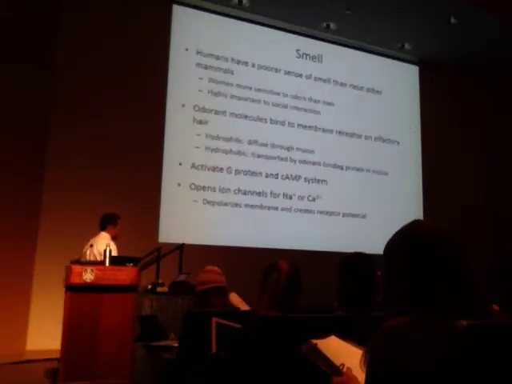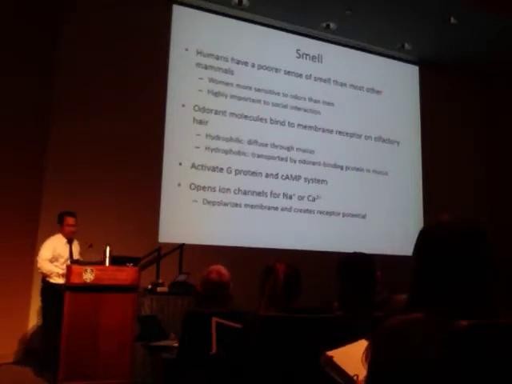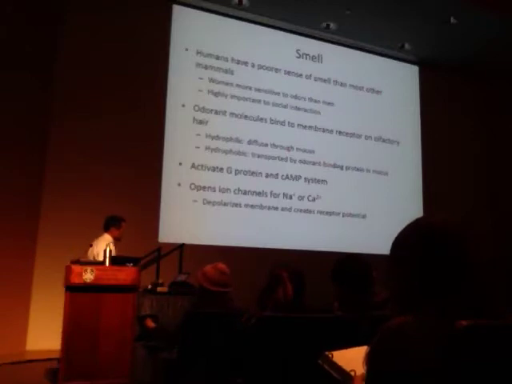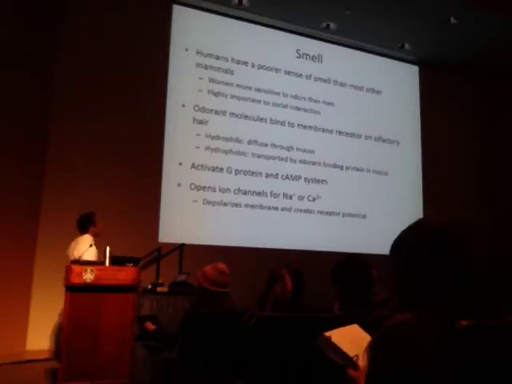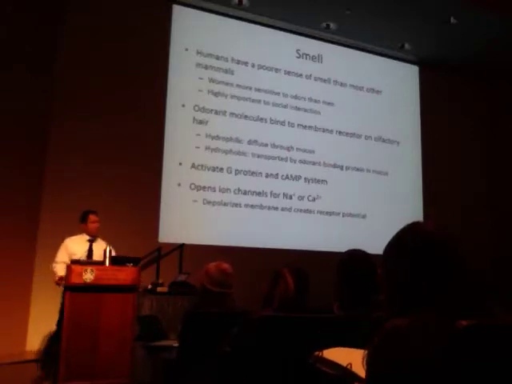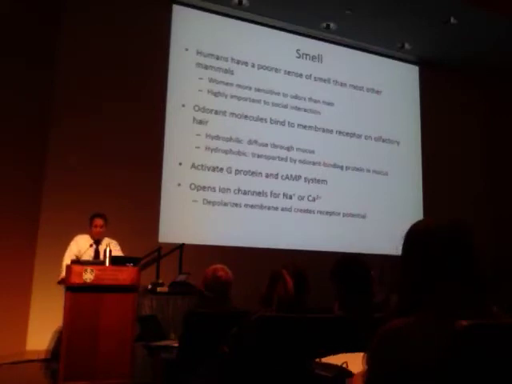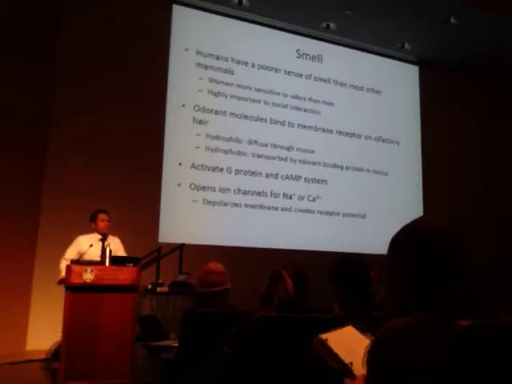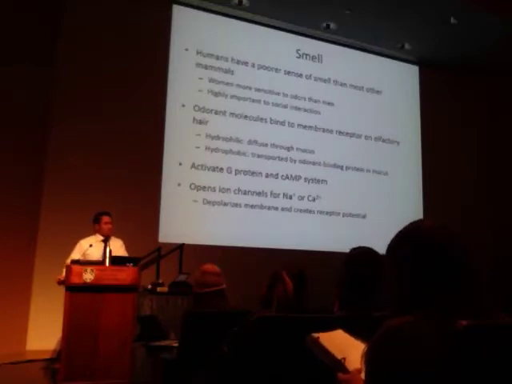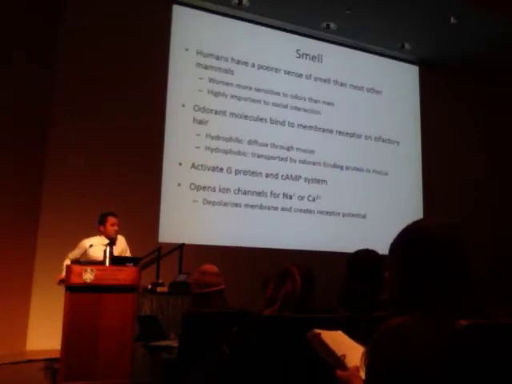So as humans, we have a rather poor sense of smell, compared to a lot of other mammals. Women, it's been well described, have a more sensitive olfactory capability than men. And of course, olfaction is highly important to social behavior in the mammalian kingdom.